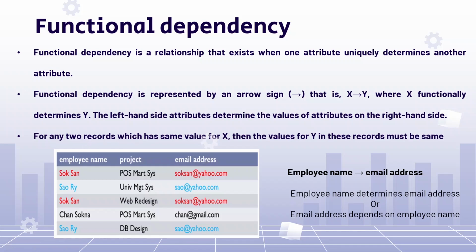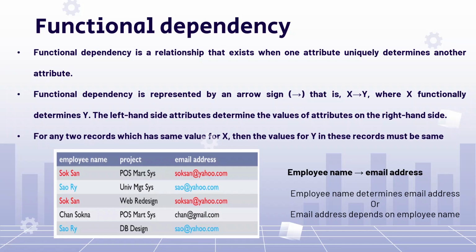But we cannot say that employee name determines project. Why? Because for the same value of employee name, the project values are changing. So we can say that employee name determines email address. This is the functional dependency concept.